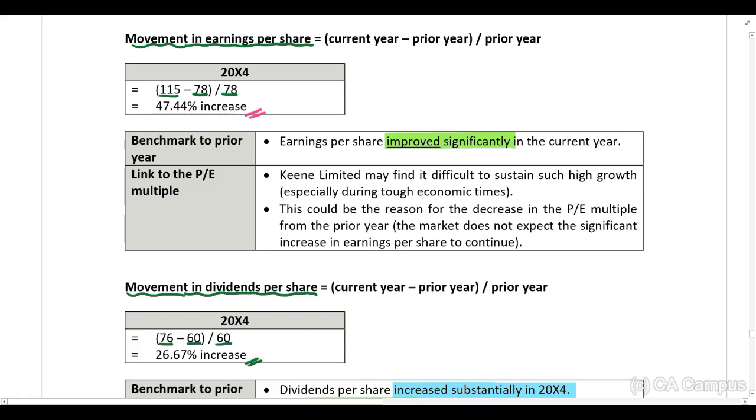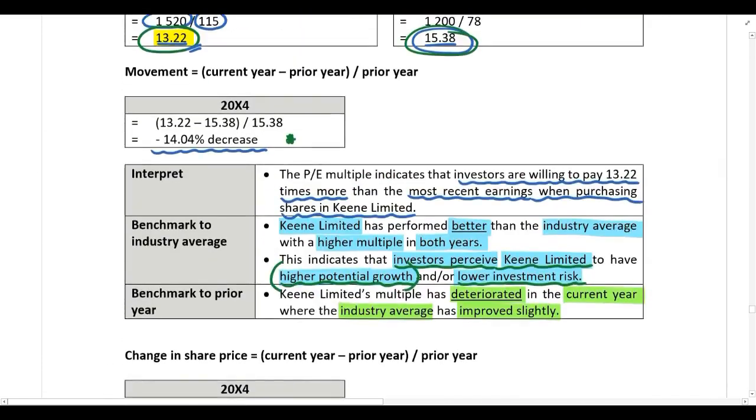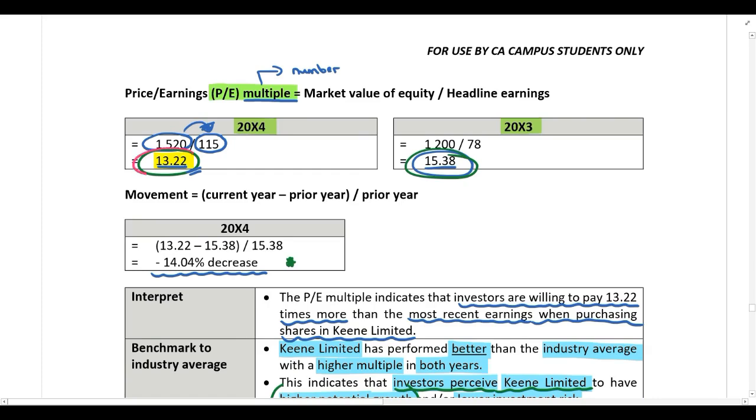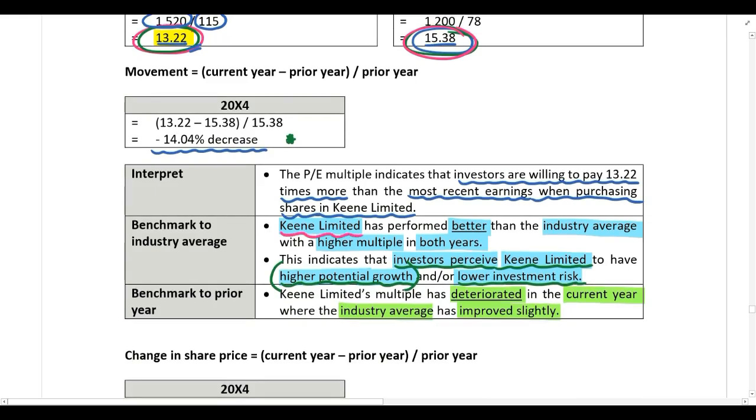Now, it's possible to link this back to the price earnings multiple that we calculated previously. When we calculated the price earnings multiple, we saw that Keen Limited performed better than the industry average in both years because they had a higher multiple in both years. So remember, we said that means investors perceive Keen Limited to have higher potential growth and or lower investment risk.